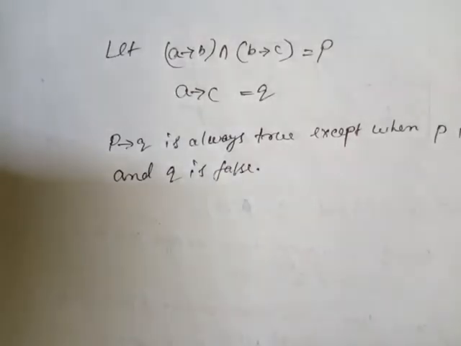In this case, if P is true and Q is false, then we can say that it is false. Otherwise, in implication, all the elements are true except this rule.